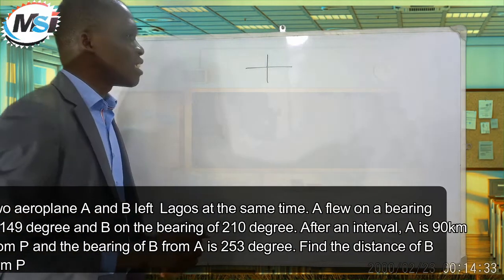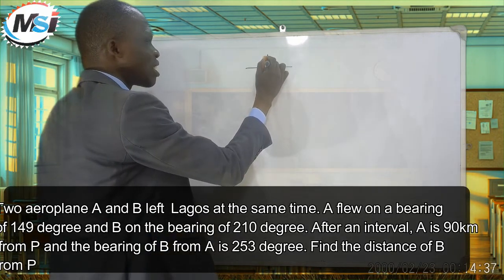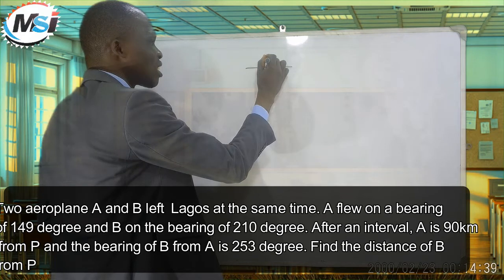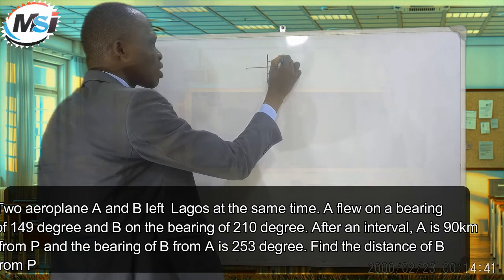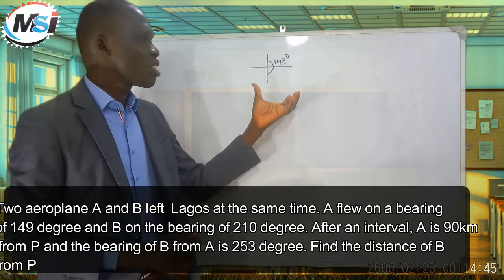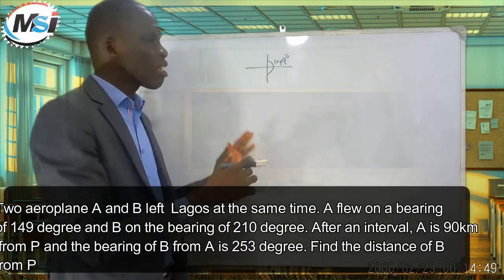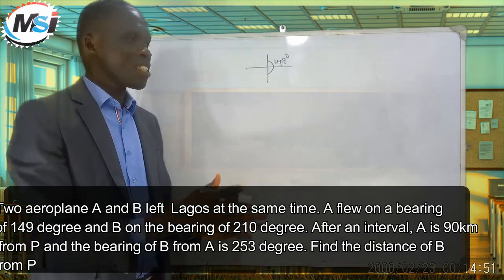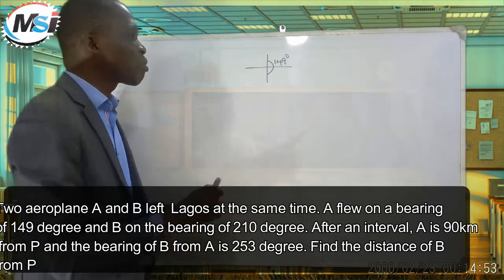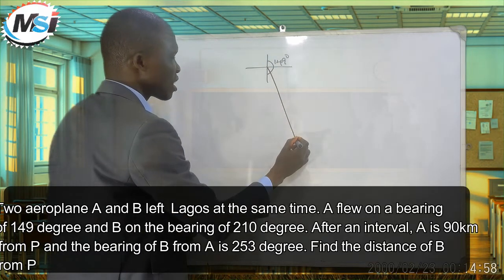Now from here you know that this is 149 degrees, because 149 falls between the angle on the straight line, which is 180. Now from here we move to this side.